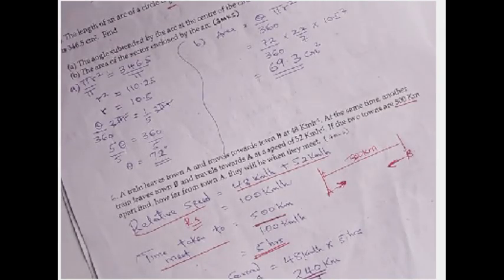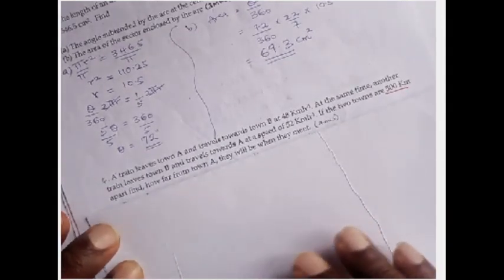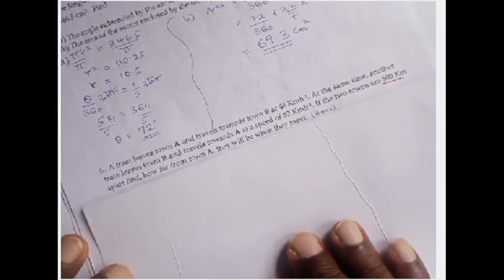Question 6 says, a train leaves town A and travels towards town B at 48 kilometers per hour.